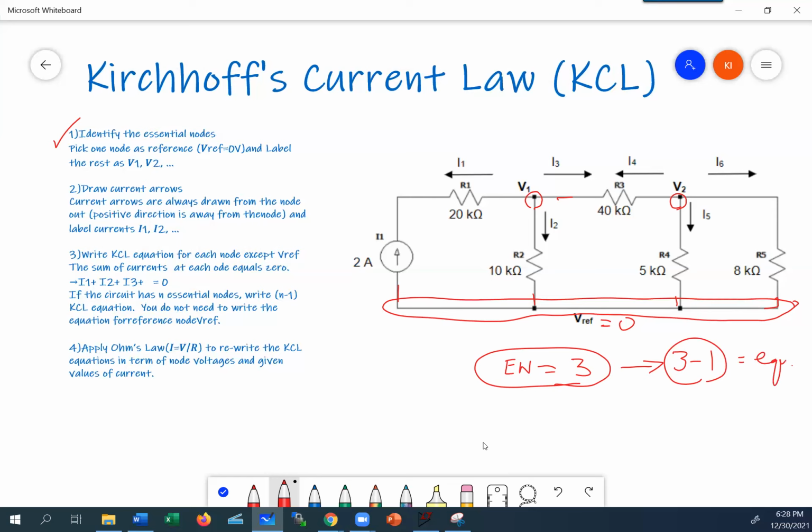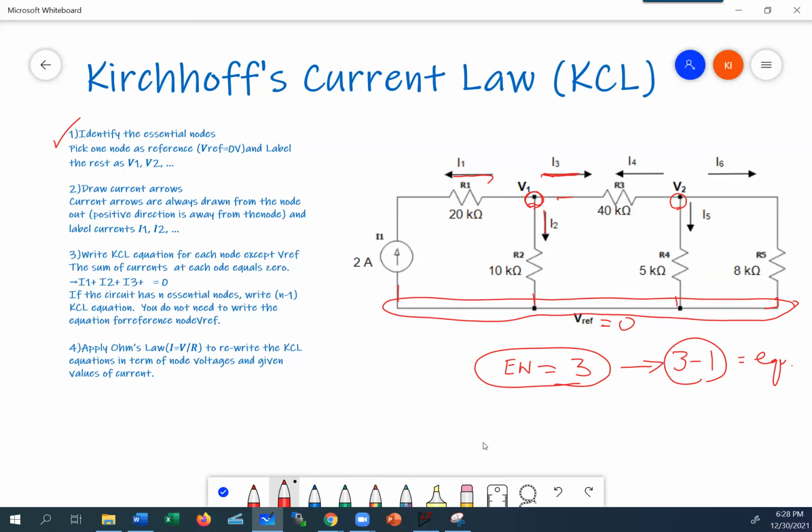Then once we figured out what the essential nodes are, we picked one to be a reference. The next step is to go through this and label all the currents leaving the node. Notice I go to V1 and I draw I1, I2, and I3, all leaving the node, meaning they're pointing out from the node.